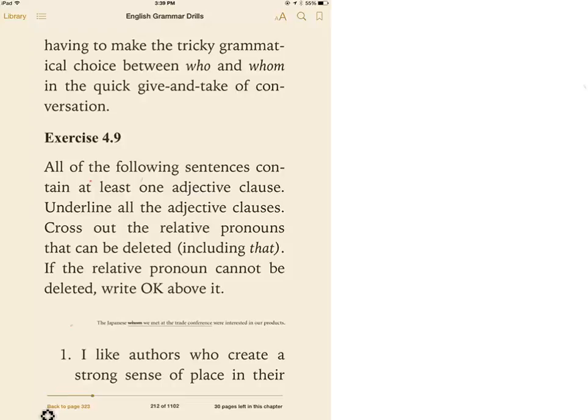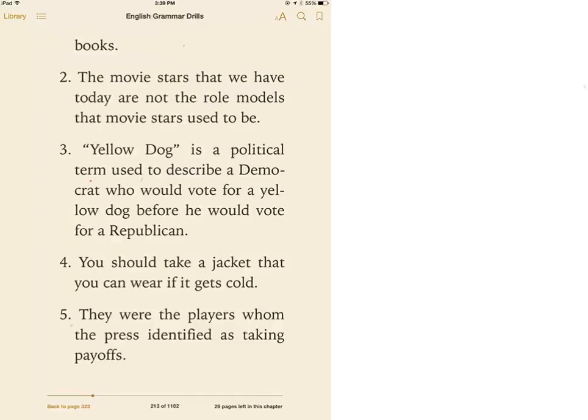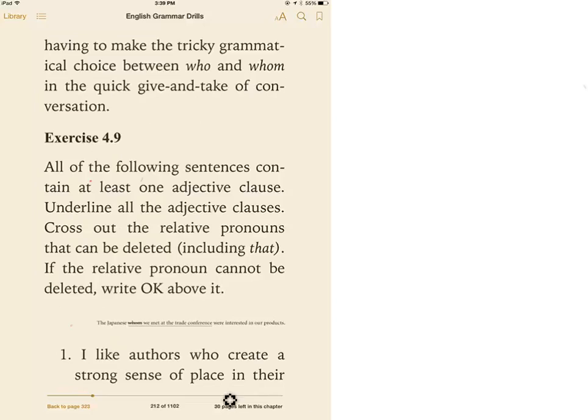It says, I like authors who create a strong sense of place in their books. Well, the antecedent is authors. Who create a strong, can I get rid of who? I know it's the subject because it's who. If it was the object, it would be whom.